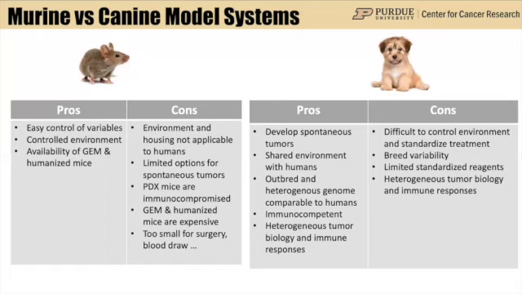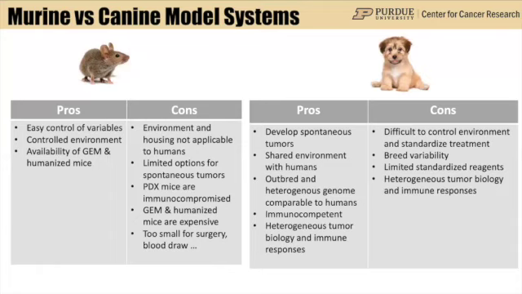Additionally, genetically engineered mice and humanized mice are very expensive. They are also too small for most surgical procedures, and it's hard to get blood out of them, et cetera. Some of the pros of using the canine model: they develop spontaneous tumors.